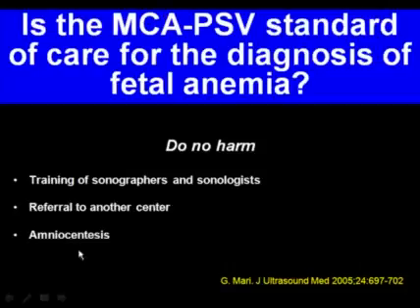Now, it is also true that some investigators continue to do amniocentesis, but I think that it would be very important today to tell the patient that there is a test that is less invasive than amniocentesis and it is better than the amniocentesis. And after that, the patient, of course, can choose. And I think this will be important to talk to the patient because of legal issues that could arise in the future.